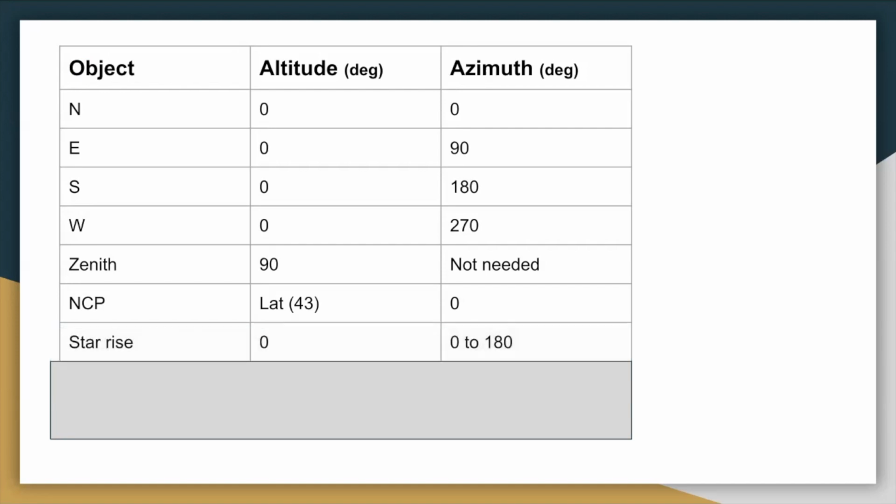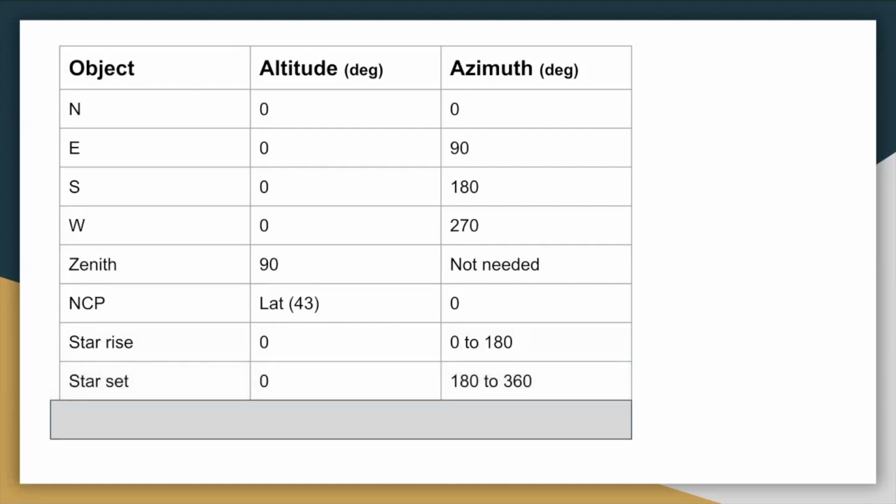Star rise, so where you would expect stars to rise, is always going to have an altitude of 0 because they'll rise starting at the horizon. Azimuth is going to range anywhere from 0 to 180, so anywhere from due north to due south is where you're going to see stars rising.